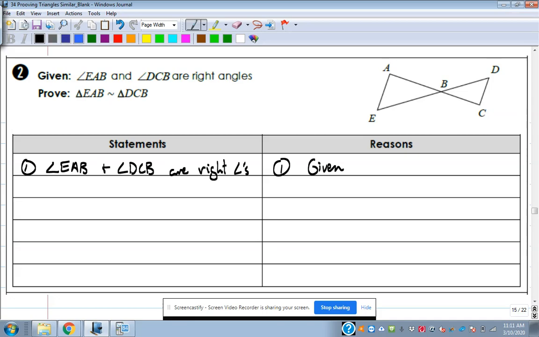So you're saying angle ABE is congruent to angle DBC. DBC, I said it, I didn't write it. DBC too because of vertical angles. That works.